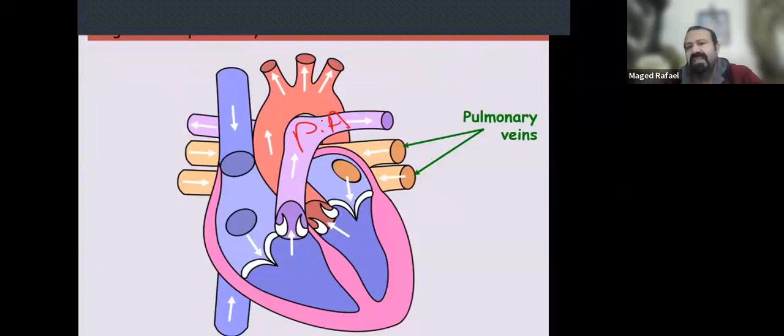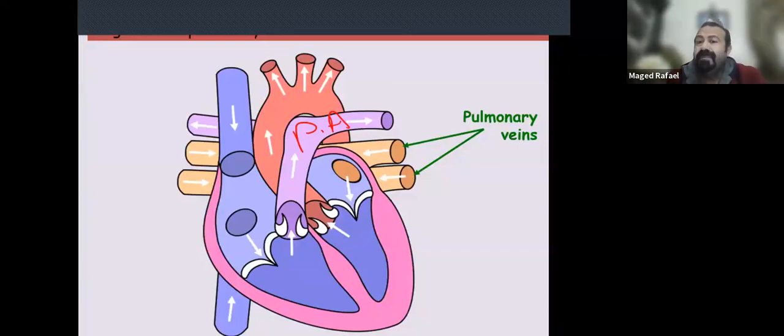But don't say that all arteries carry deoxygenated blood. No, all arteries carry oxygenated blood, except two arteries, to be honest. One of them we learned now, which is the pulmonary artery, and I will talk about the other one when we reach the reproduction process.